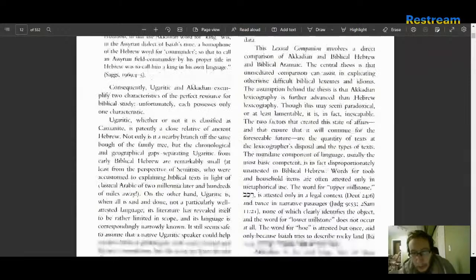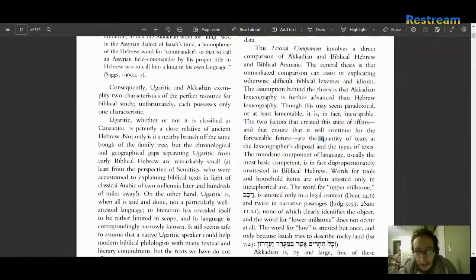The two factors that created this state of affairs, and that ensure that it will continue for the future, are the quantity of text at the lexicographer's disposal and the types of texts. The mundane component of language, usually the most basic component, is in fact disproportionately attested in Biblical Hebrew.